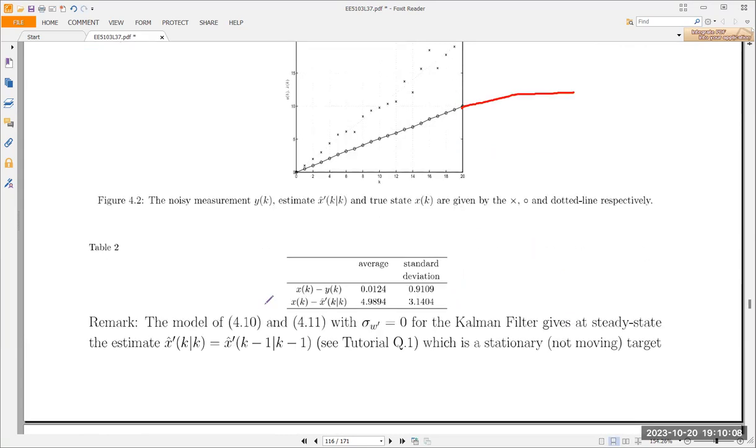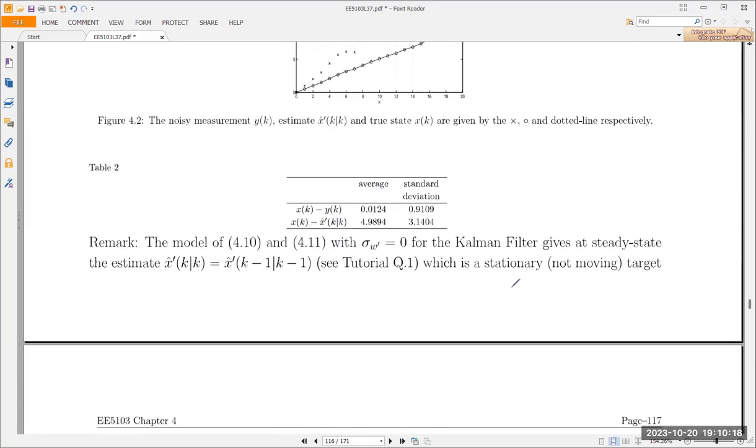So if you look at the standard deviation and the average, now just to make sure we know what we are talking about. This X position is the ground truth. All right. This is the measurement that you use. This is your estimate, or I should say, your Kalman filter estimate.